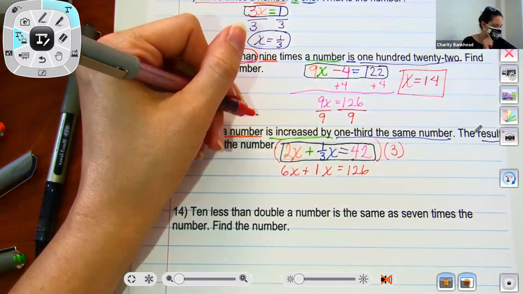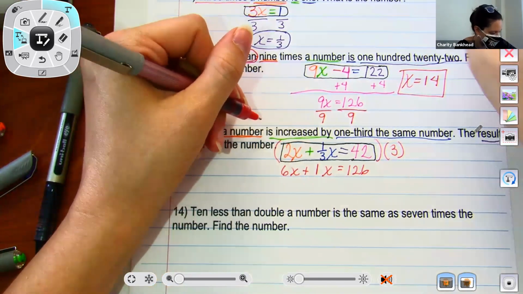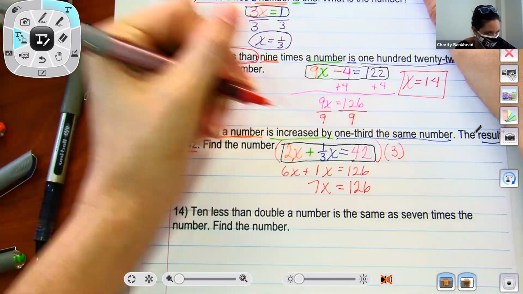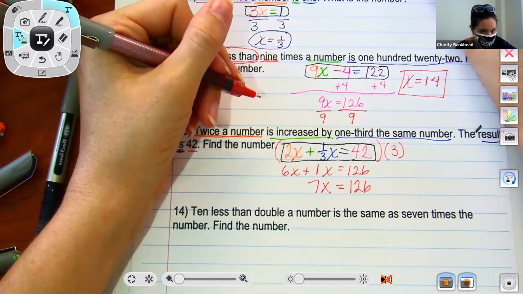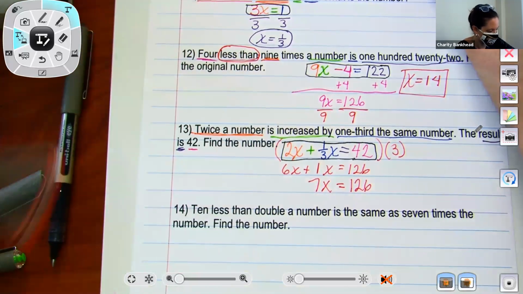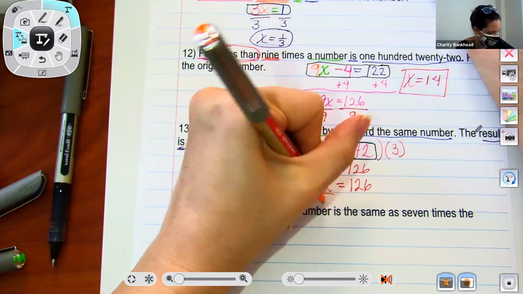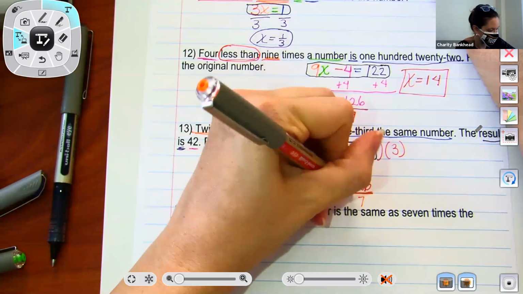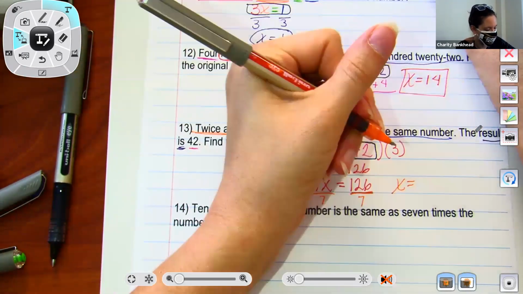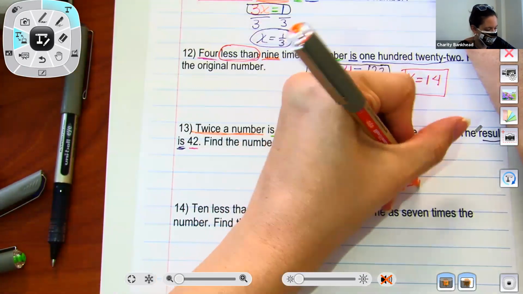And then 6x plus 1x equals 7x. So I have 7x equals 126. And then divide both sides by 7. So that would give me x is equal to 18.